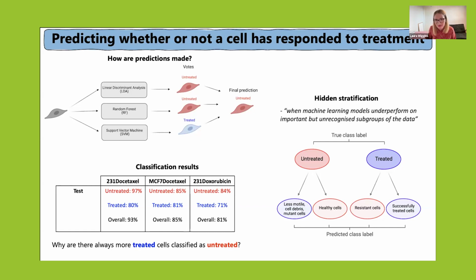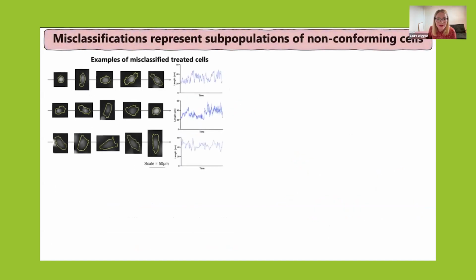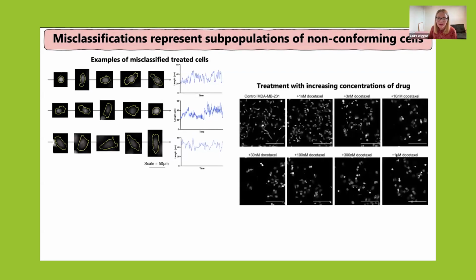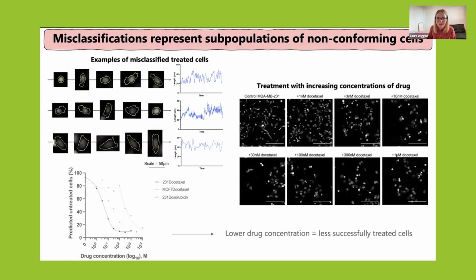So to test this hypothesis further, we went on to investigate cells that were treated but looked like an untreated cell. And that's these cells. And you can see that their phenotypic profiles do look really similar to those of the untreated population. We then treated with increasing concentrations of drug, expecting that we may see more resistance at the lower concentrations where cells haven't responded as well as at higher concentrations of drugs.